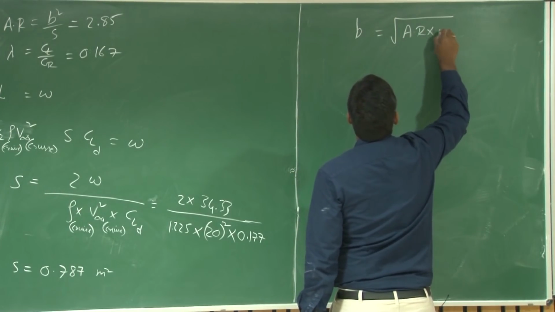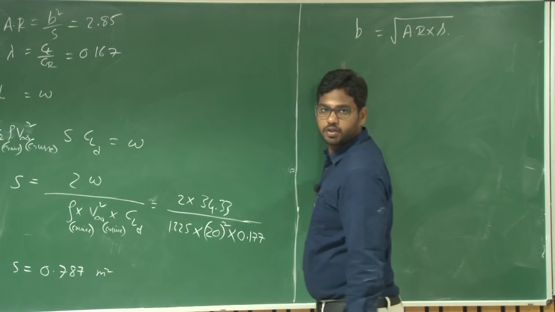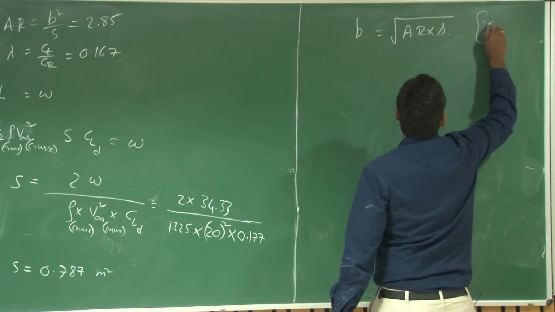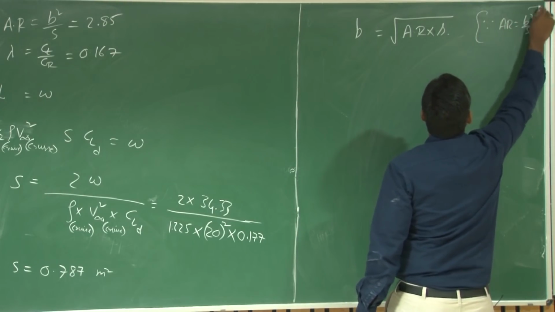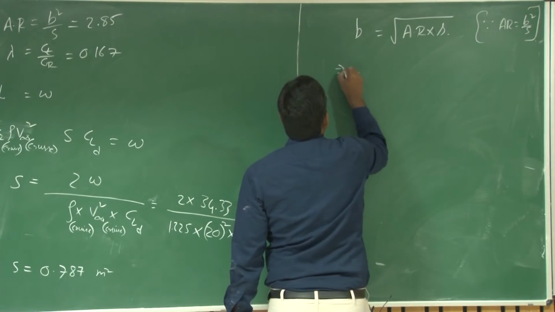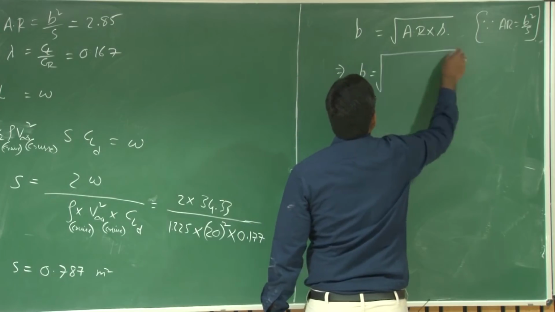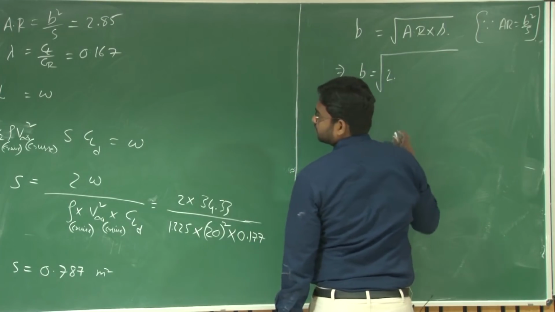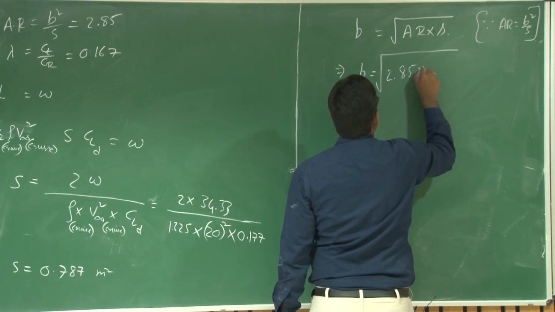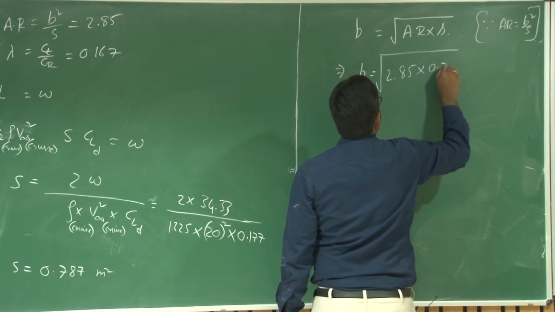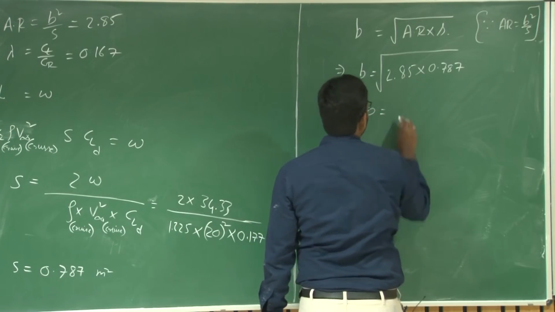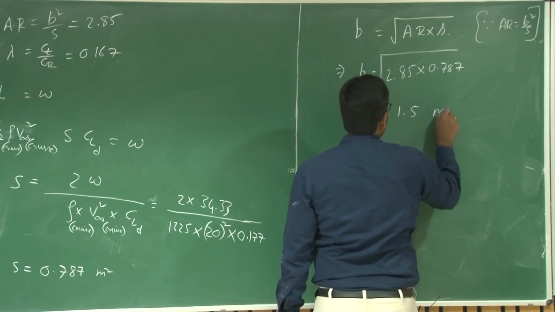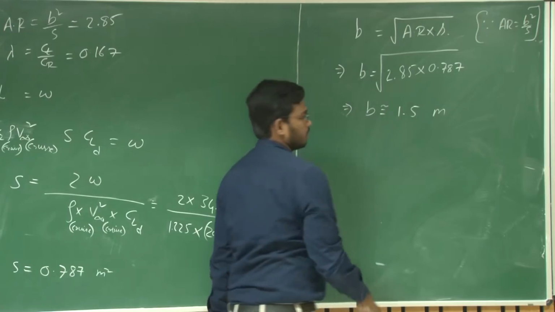Aspect ratio into S, because aspect ratio is b square by S. So the span of this UAV should be 2.85 into 0.787, which implies the span is 1.5 meters approximately.